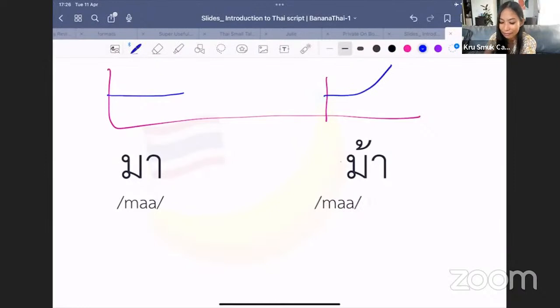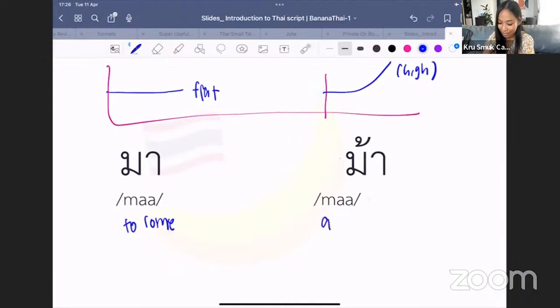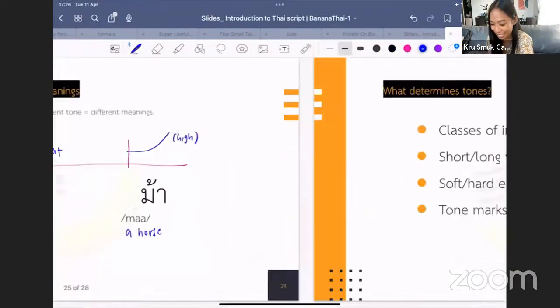This one is flat, and this one is high. So ma is to come. And ma is a horse? ม้า. Horse. Yes. So I think you already noticed this, no? Different tone, different meaning. So tone is important.